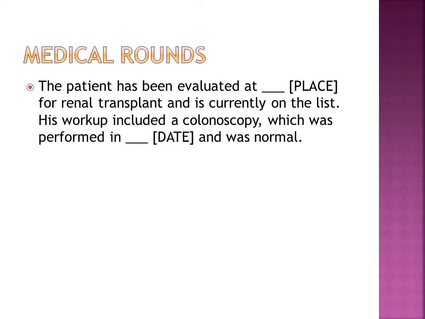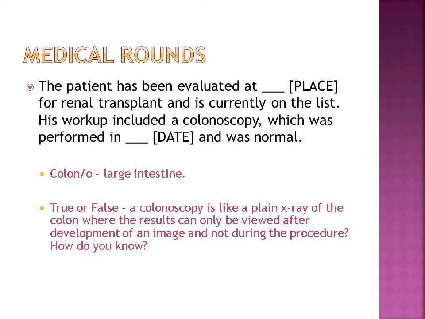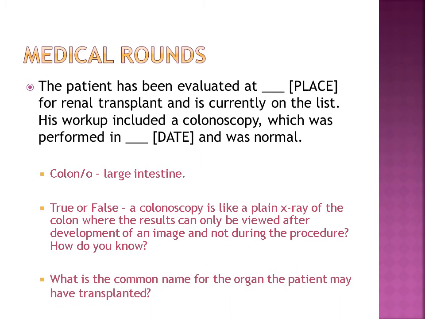How do you know? False. A colonoscopy is not like X-ray. The term scopy implies direct viewing during the procedure. What is the common name for the organ the patient may have transplanted? A renal transplant is a kidney transplant.